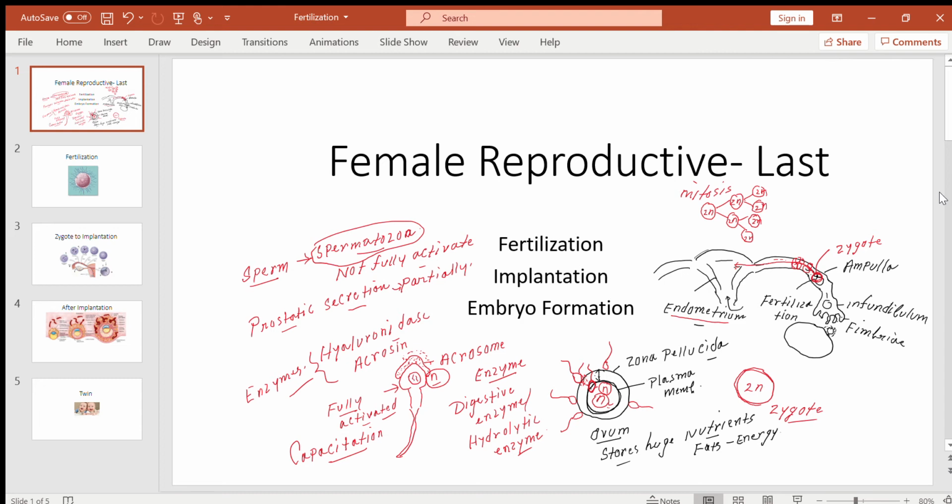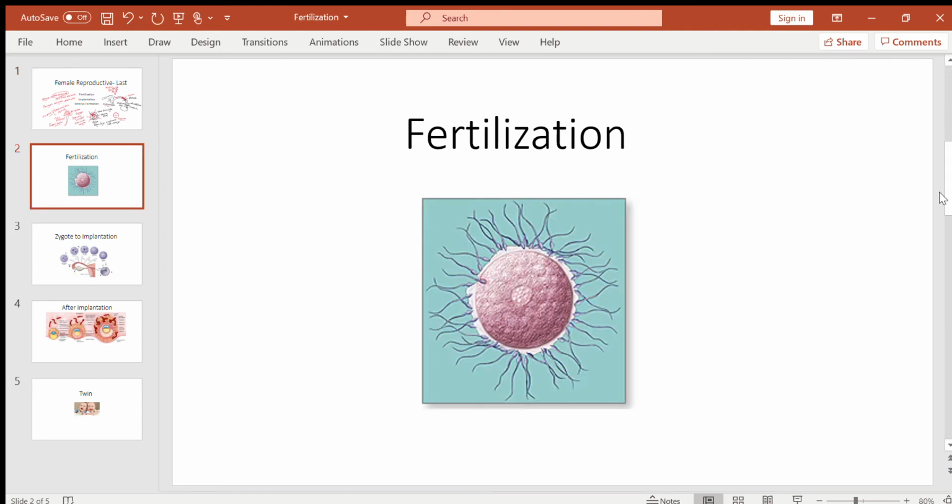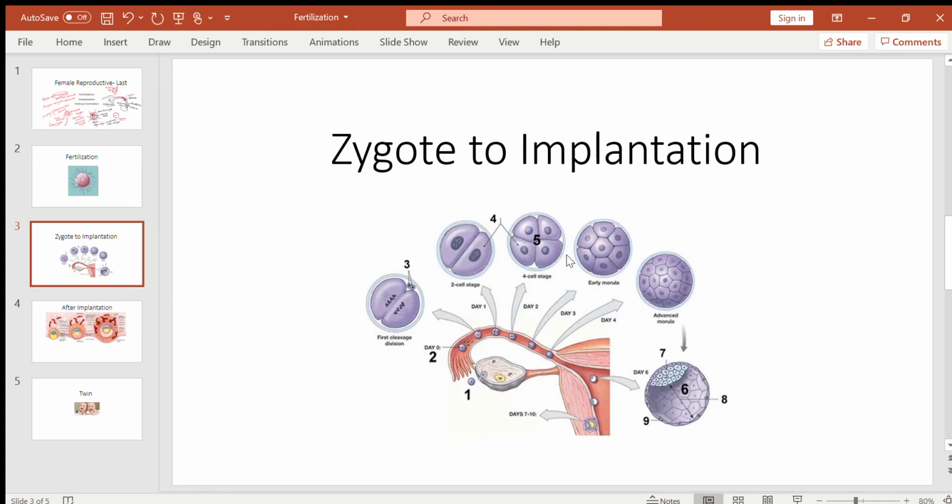Let's see what happens. Here you see this is an egg and so many sperm got attached to the surface of the egg. They are trying to penetrate. Now this is inside the uterine tube or fallopian tube. You see first, the zygote will divide into 2 cells.